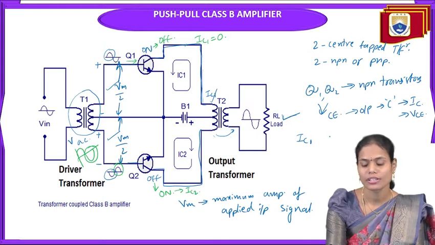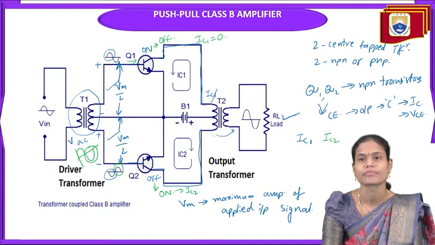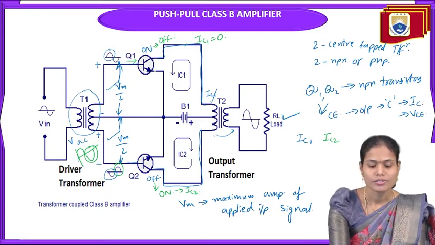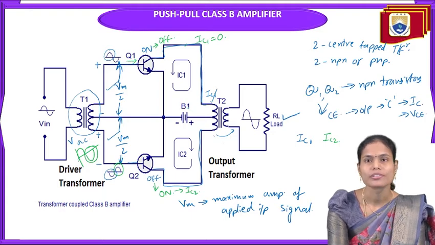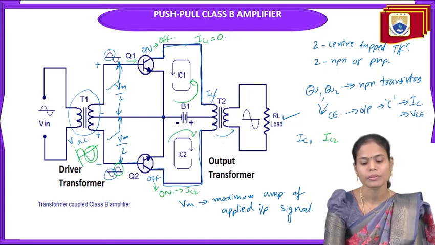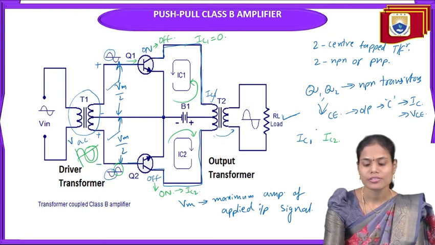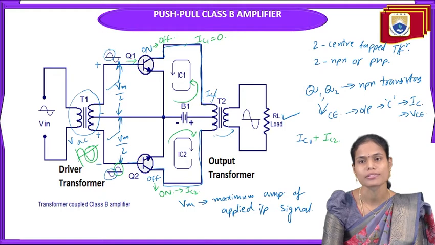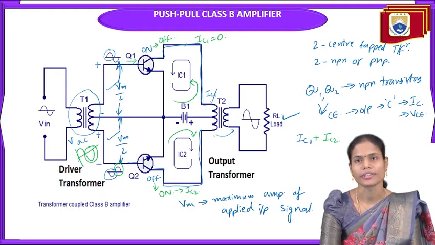In this case we will get it as IC2. So both the currents are flowing in the same direction. If you observe the circuit, it is flowing in this direction, and it is also flowing in this direction. Okay, so that's why across the load the total current is equal to IC1 plus IC2.